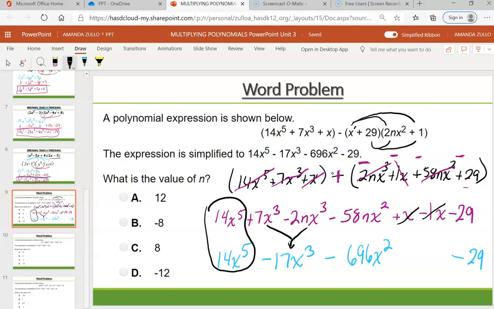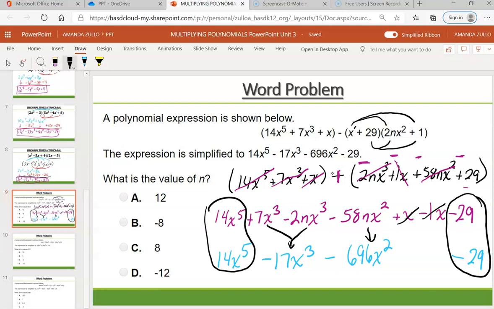Somehow, whatever n is changes this negative 58nx to the second into negative 696x to the second. And negative 29 is the same here. The easiest thing for you to do is to find what changes this negative 58nx to the second into negative 696x to the second.